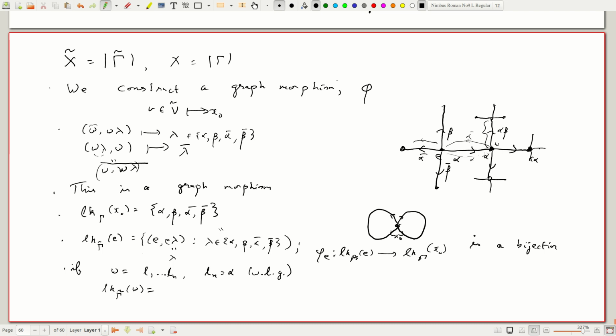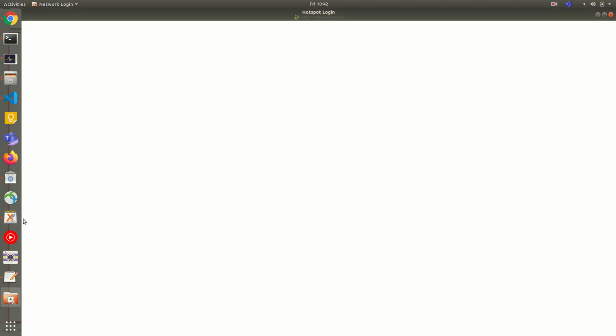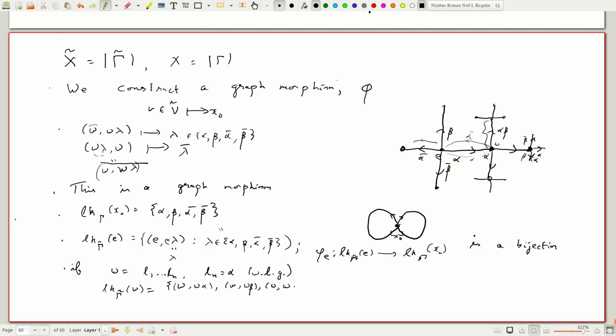We have three outward edges where I extend by either alpha itself, beta or beta bar, but not by alpha bar, otherwise it would not be reduced. So it's going to be W and W alpha, W and W beta, W and W beta bar.